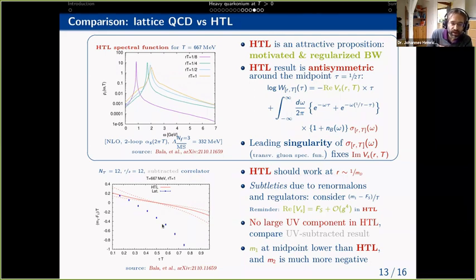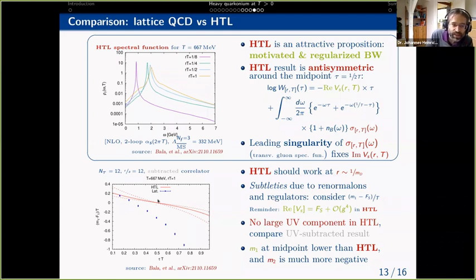And we compare here the lattice data in blue to the prediction by hard thermal loop, where in both cases we've subtracted the singlet free energy in order to get rid of some issues which pertain to the fact that both of these quantities are affected by renormalons and have a divergence on the lattice.